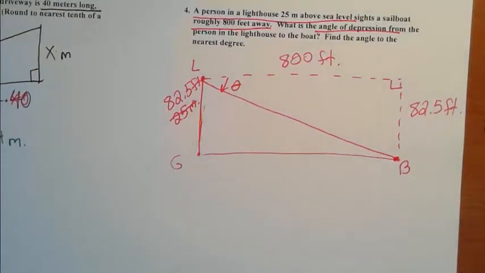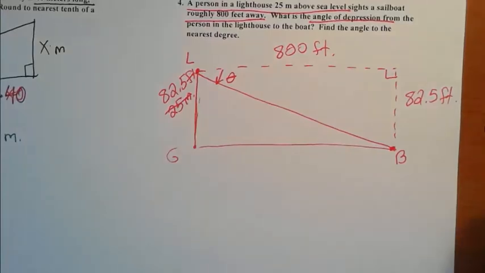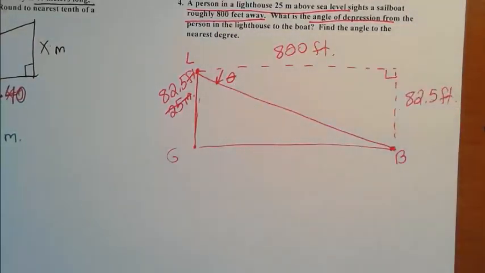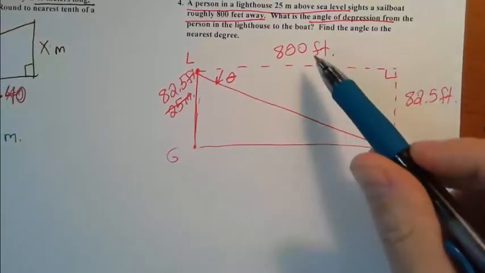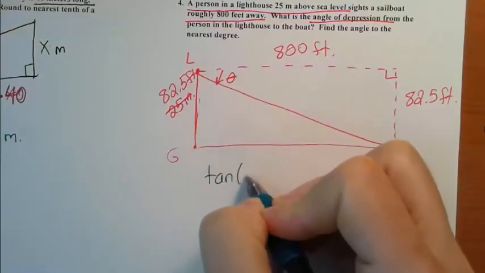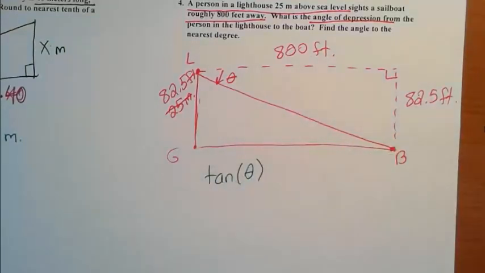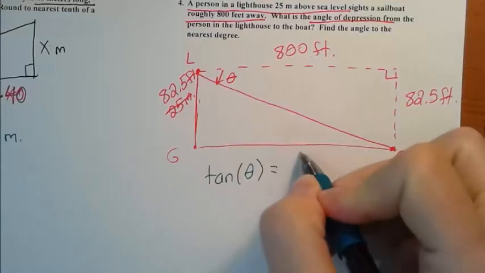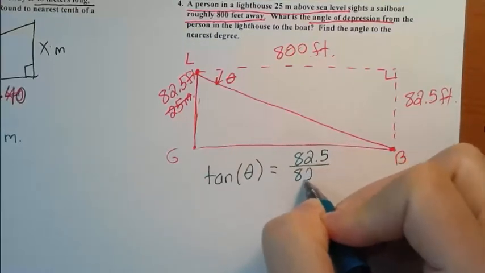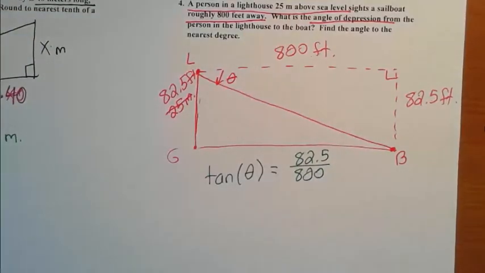So we're going to set up a function to figure out what this angle is if two of the sides are 800 and 82.5 from our picture so far. So this is opposite and adjacent sides. So first I would set up a function that tangent of theta would be equal to 82.5 divided by 800.